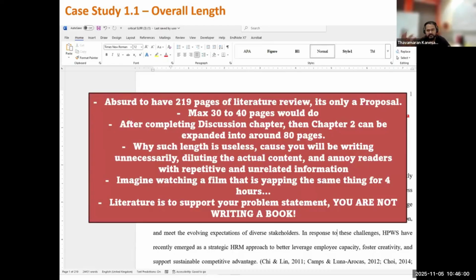You already mentioned your problem statement. Chapter 2 is just a blowout, a connector to your problem statement. That means chapter 2 should elaborate whatever problem and solution you are trying to address. So you don't need 200 pages just to explain what you're going to do. This thesis, if it was not stopped, was poised to reach around 500-600 pages. Quantitative only, 500-600 pages.